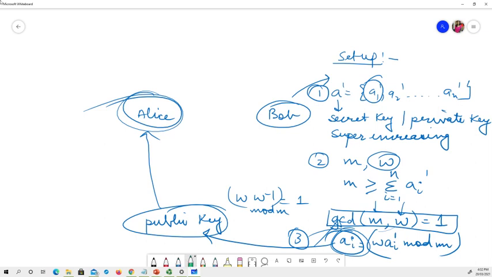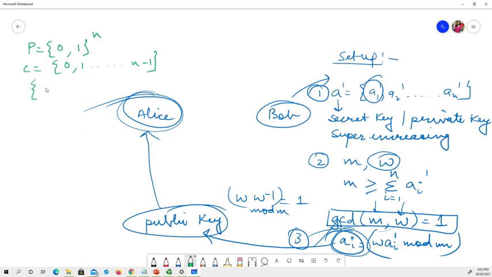Alice, on the other hand, would be having a plain text which is in the form of 0 and 1. This would be n bits, and the cipher text that we would be getting would be a number.